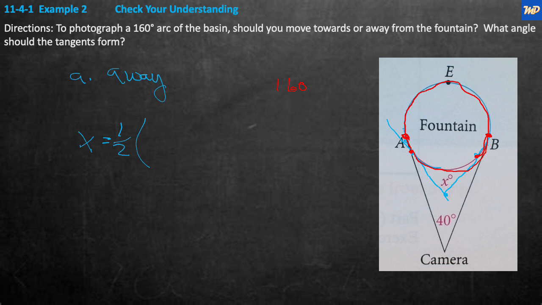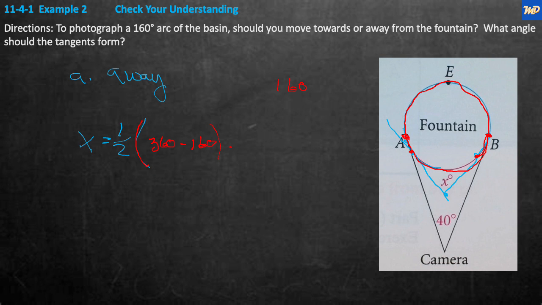So the AEB piece, the outer piece, which we just came up with here, is 360 minus 160.